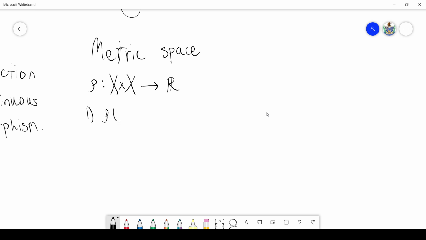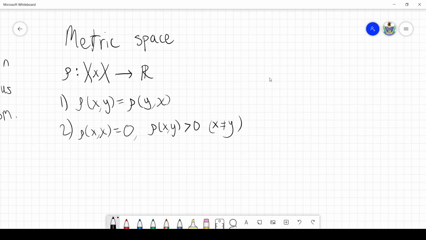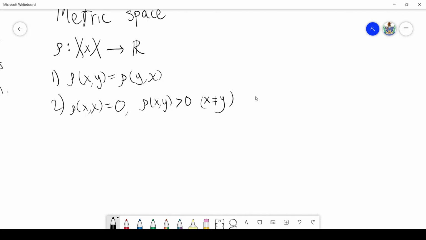The first property is that distance is symmetric, so it doesn't matter if we do distance from x to y or distance from y to x. It's the same thing. The second property is that the distance from a point to itself is 0, and if x and y are not equal to each other, then their distance is positive. Put these two together, and there are no negative distances.